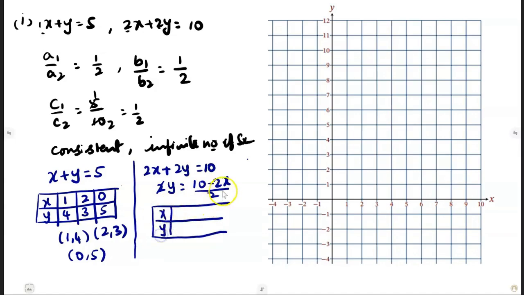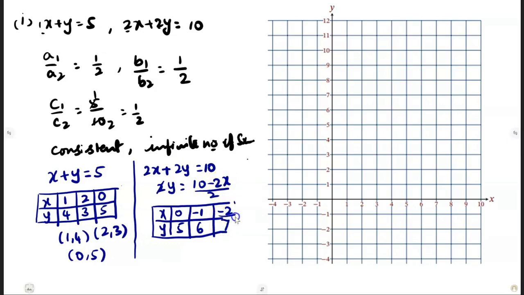If I take x value 0, so 10 minus 0 by 2, which is 5. So 0, 5. If I take x value minus 1, so minus 2 into minus 1 gives you plus 2. So 10 plus 2 is 12, 12 by 2 which is 6. If I take x value minus 2, for example, minus 2 into minus 2 is plus 4, so 10 plus 4, 14, 14 by 2 which is 7.